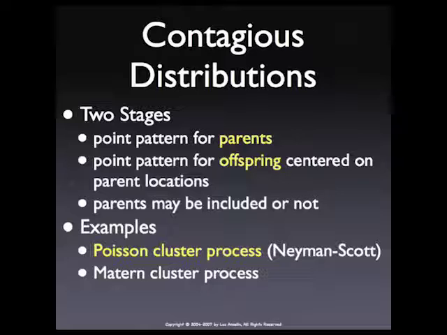So all these things have to be put together in a mathematical formulation, and the classic model for this is the Neyman-Scott model, or as it's called nowadays, a Poisson cluster process. There are also other cluster processes. We'll see some of these in the lab. There are several that have been implemented in the software, but the important idea behind this contagious distribution is the stages.